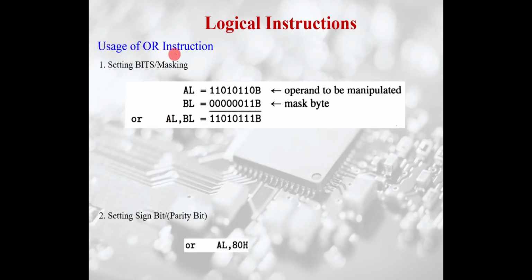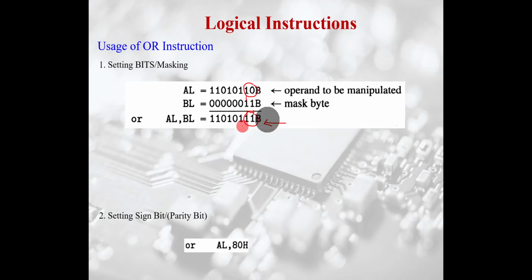There are some usages: we use the AND operation to force zeros, and if I have to force 1 at specific locations, then I could use the OR operation. Suppose this is all 0 0 and 1 1. When you do OR, 1 and 1 will give 1 and 1 and 0 will give 1. So irrespective of what is here, I get a 1 here.